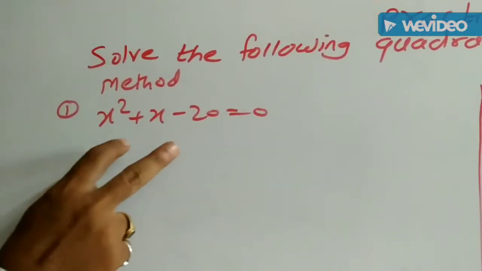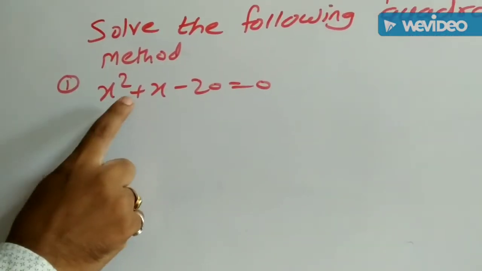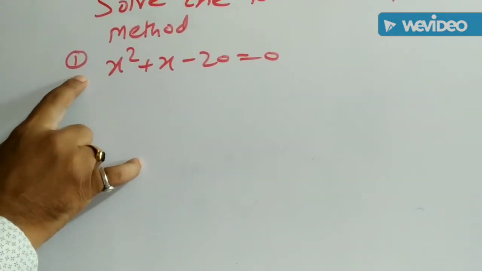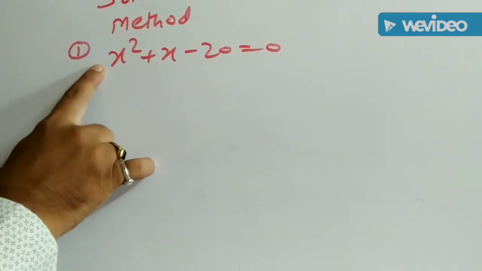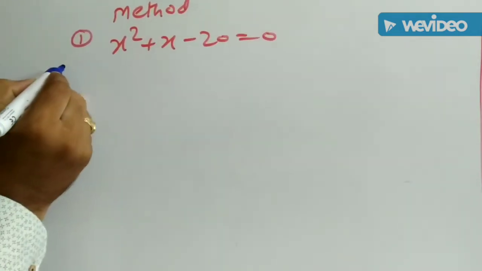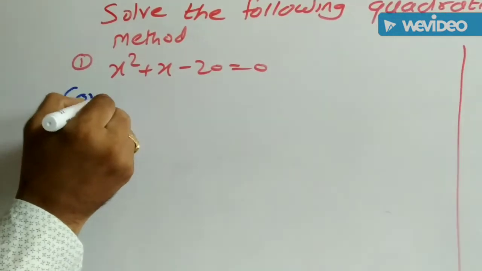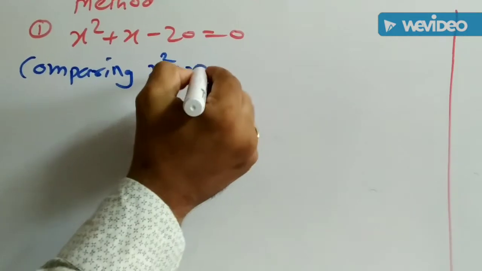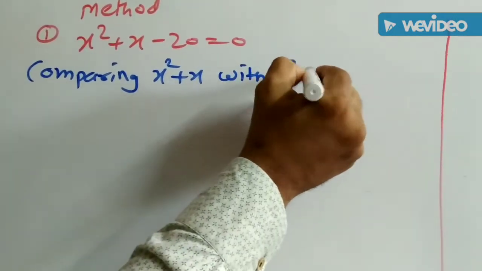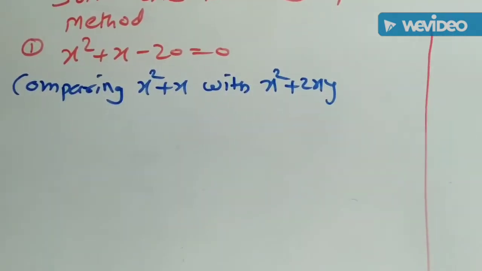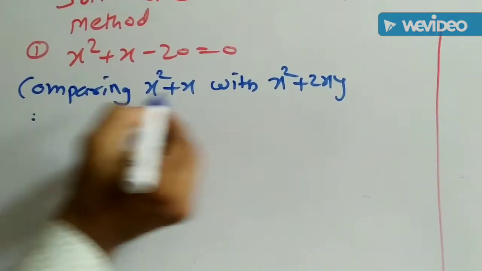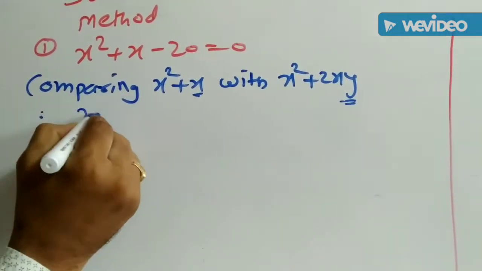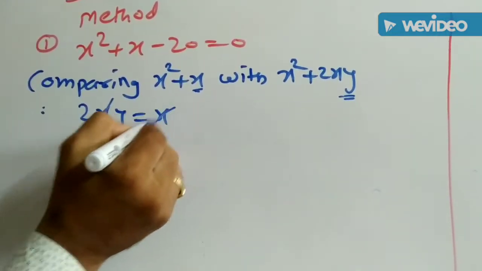Now it is in the standard form of the quadratic equation, ax square plus bx plus c is equal to 0, and the coefficient of square term is 1. Therefore, comparing the first two terms of LHS, x square plus x, with the terms x square plus 2xy, then compare the second term of both. 2xy is equal to x. x gets cancelled.